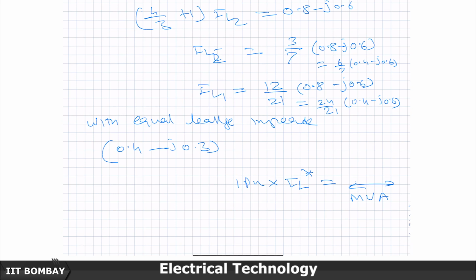Currents are picked up in per unit from here, with 1 per unit voltage because the secondary voltage is kept at the rated value. Similarly for IL2, then translate it into MVA, and you will know the MVA loading of the second transformer.